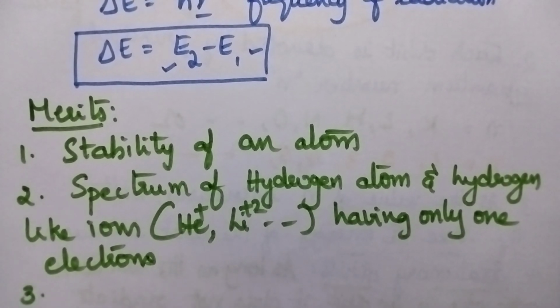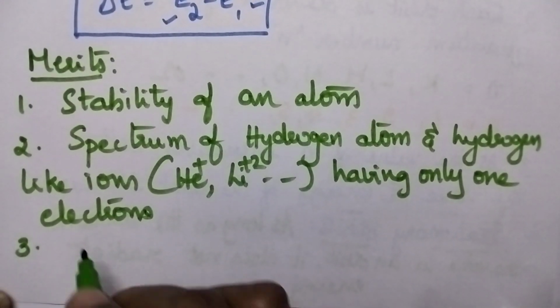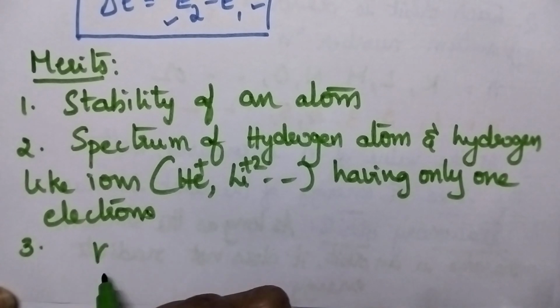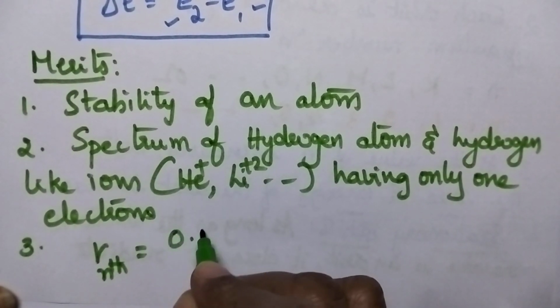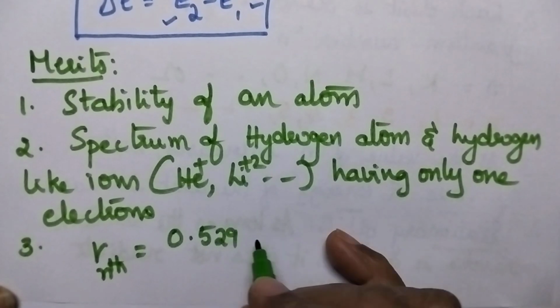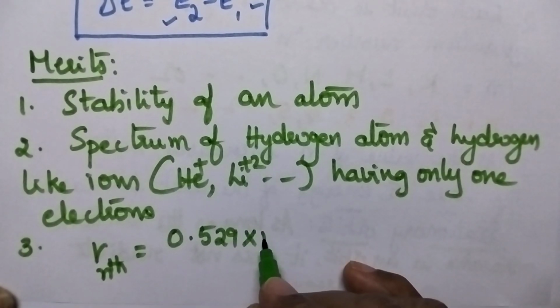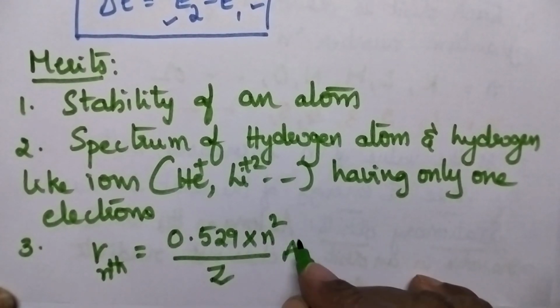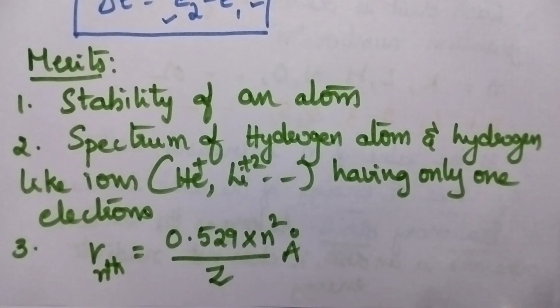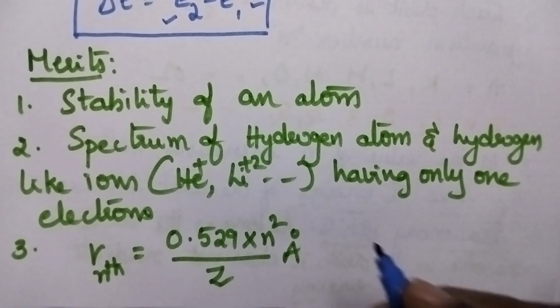It is also possible to calculate the radius of the orbit by using the formula 0.529 into n square by Z Angstrom units, where Z represents the atomic number and n represents the orbit number.